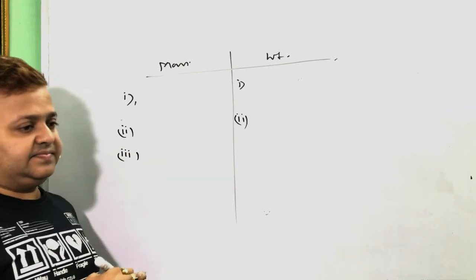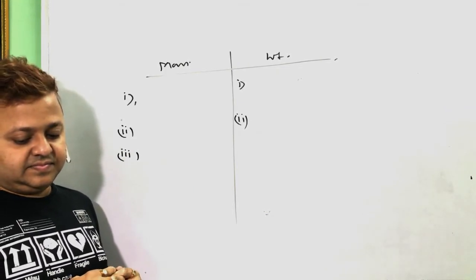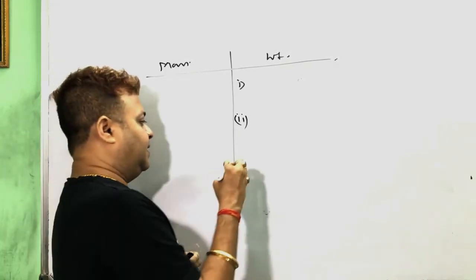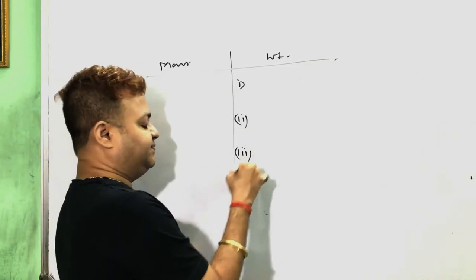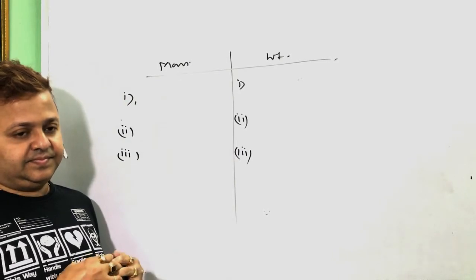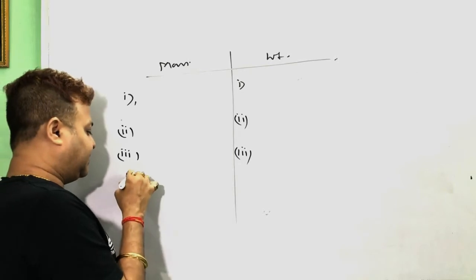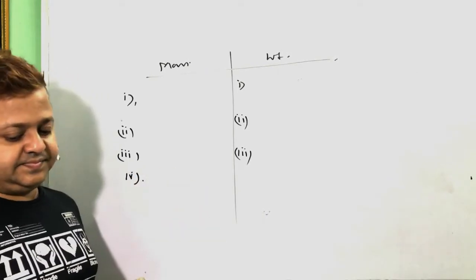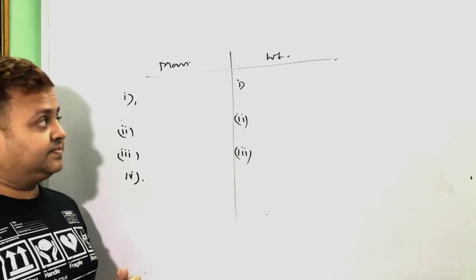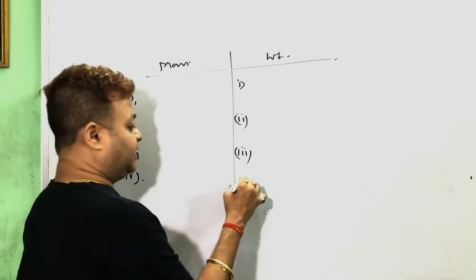Mass is constant, and weight is different for different positions. Mass is a scalar quantity and weight is a vector quantity.